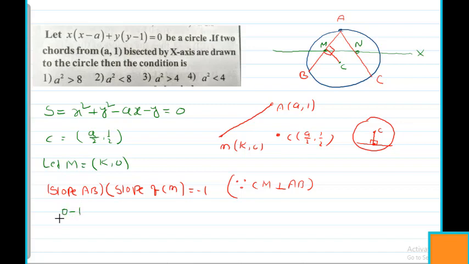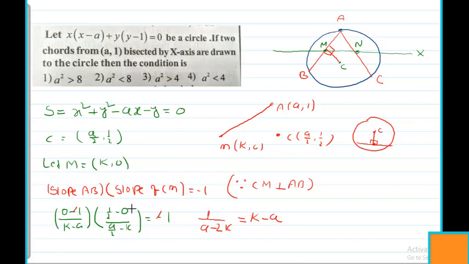So (0 minus 1) by (k minus a), times the slope of CM, that is (1/2 minus 0) by (a/2 minus k), equals minus 1. Now we need to simplify this. The minus gets cancelled. What happened? 1 by (a minus 2k) is equal to k minus a.